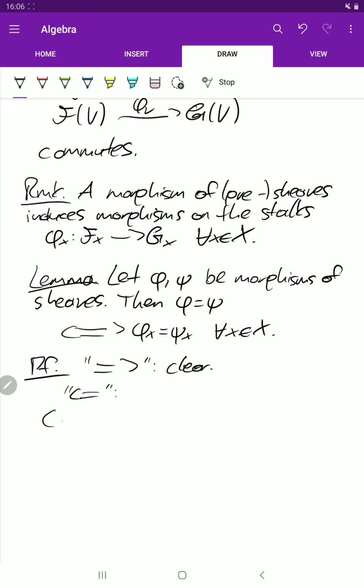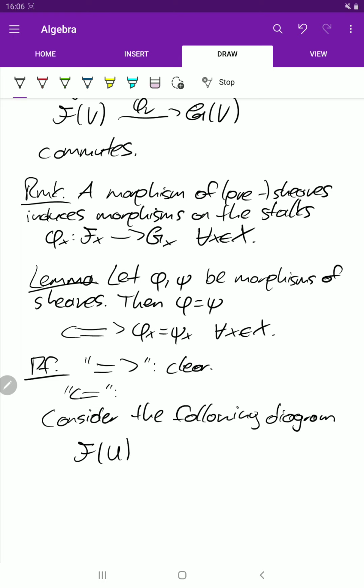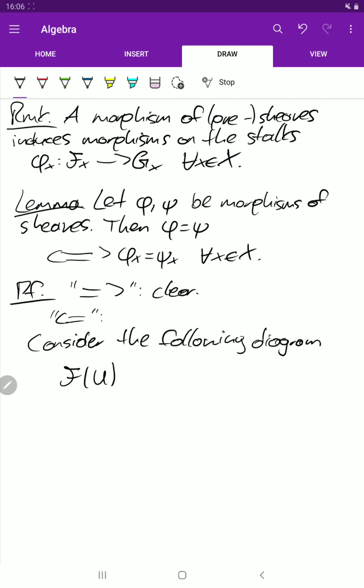And now let's prove the converse. So we consider the following diagram. Namely we have F of U, we have G of U, so that's just phi_U, respectively psi_U.